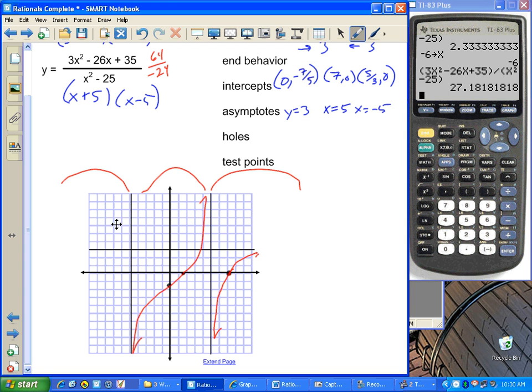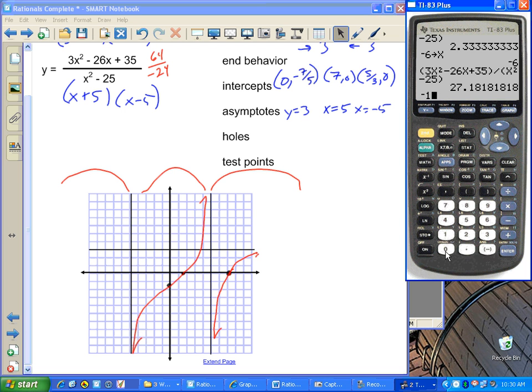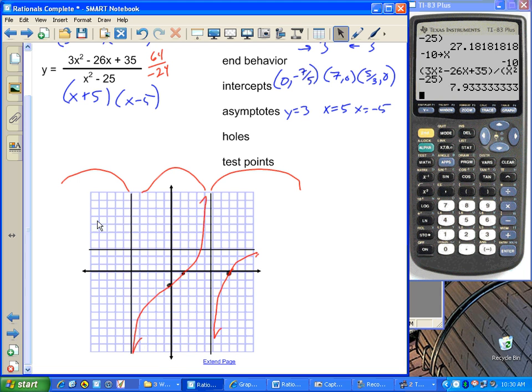Let's try another number to see if I can get an actual point on here. Let's try something over here, something that'll be closer to our horizontal. So let's put -10 in. -10, store that as x. And then we'll bring up our function again. I'm getting 7.9, so I'm getting 8. So -10, 3, 4, 5, 6, just about 8.